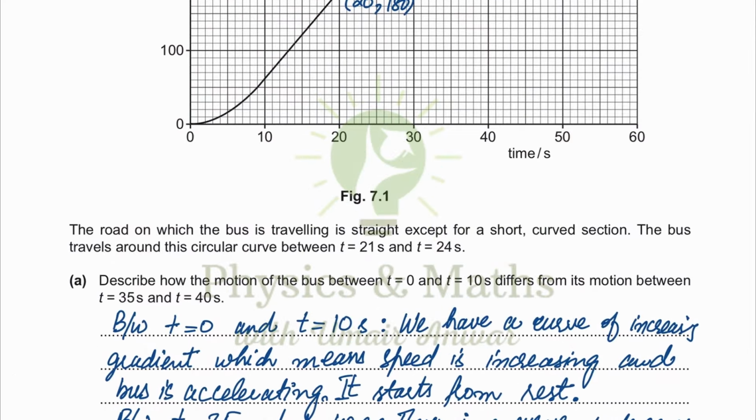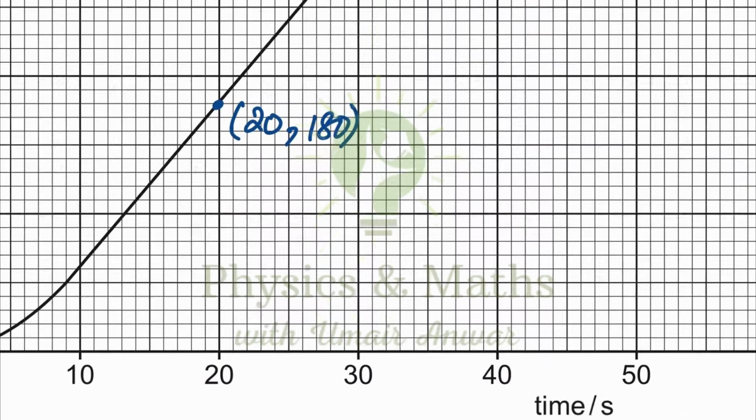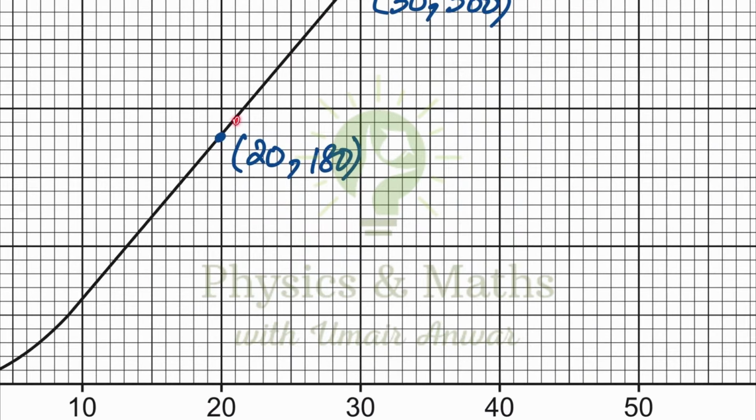And then we were given the information that the bus travels around a circular curve between t is equal to 21 to t is equal to 24 seconds. So this becomes t is equal to 21, and this becomes t is equal to 24. So during this time, the bus was going through a curve.